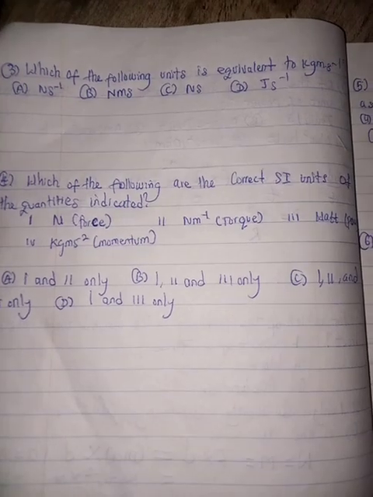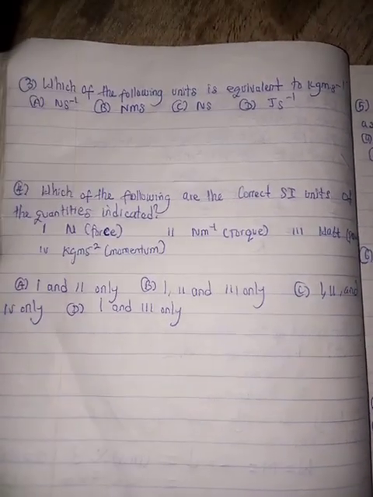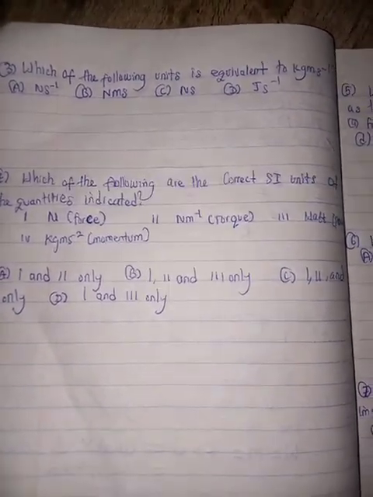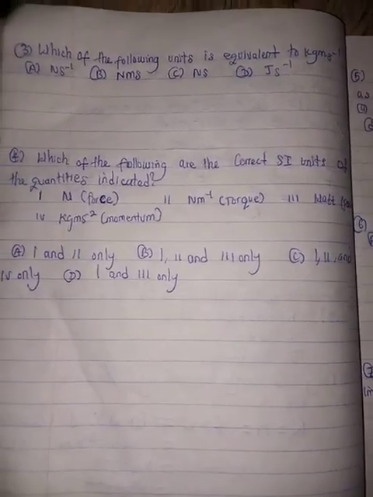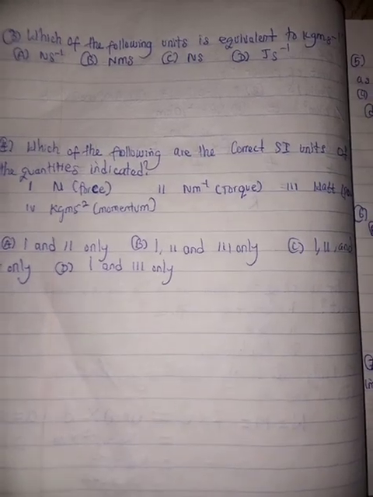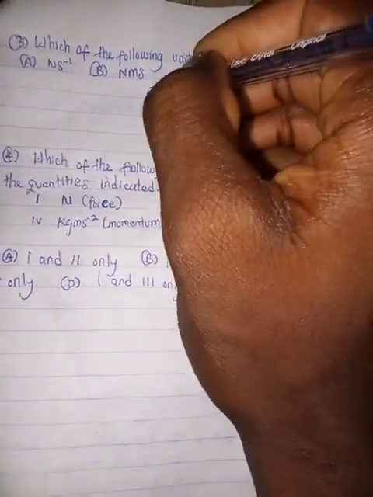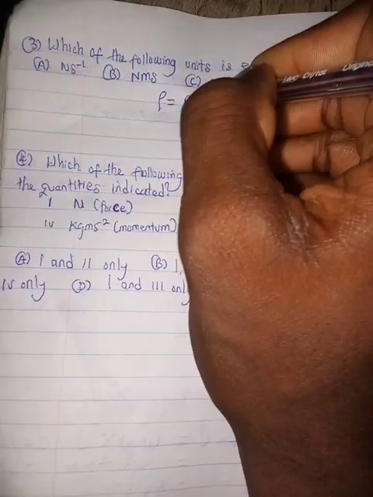My third question, also from your JAMB past question, says which of the following units is equivalent to kilogram meter per second? Kilogram meter per second is the derived unit for momentum. Momentum equal to mass times velocity.